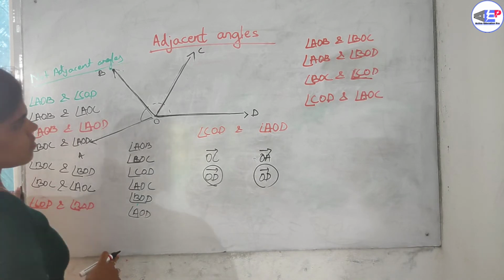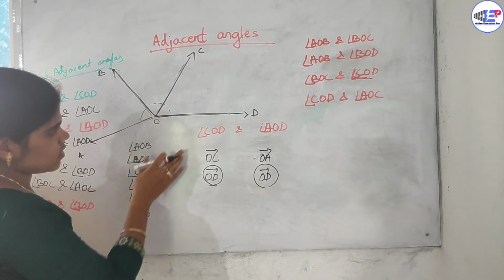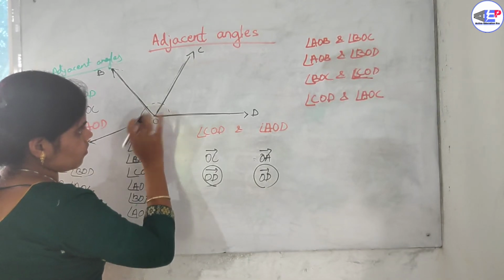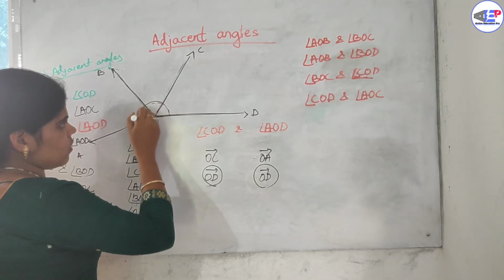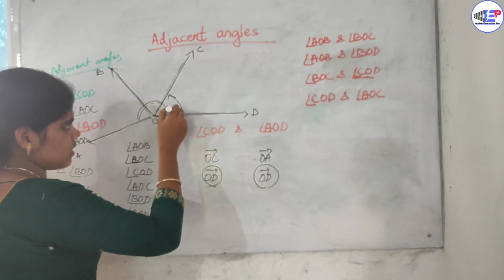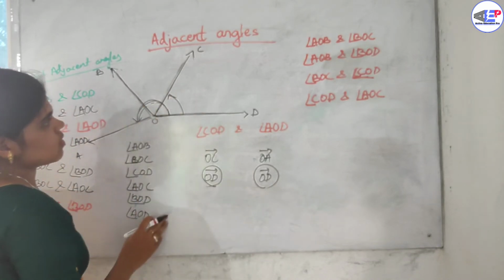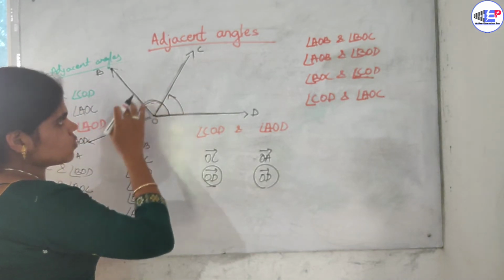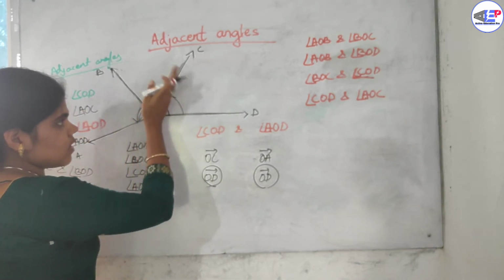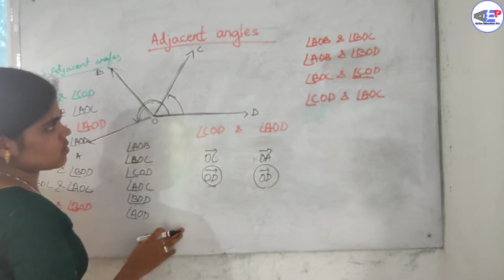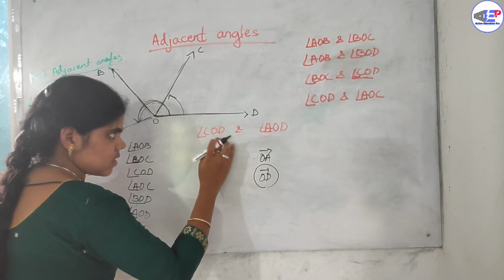Here both these angles, if you start from OD, move anti-clockwise. To make this angle it moves like that, and to make this angle it moves like that. According to this rotation, these two rays are present on a single side of the arm OD. OD is the common arm in these two angles.